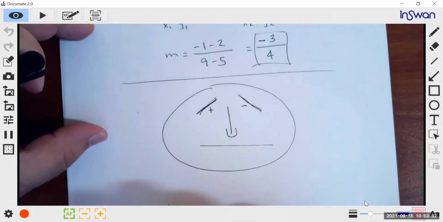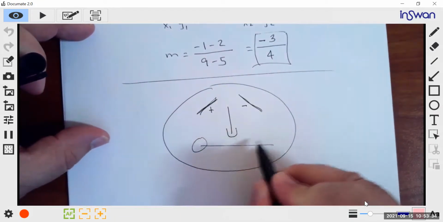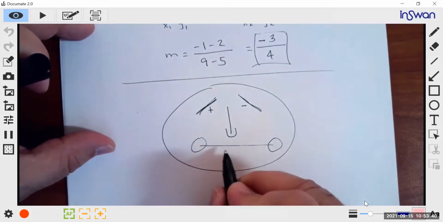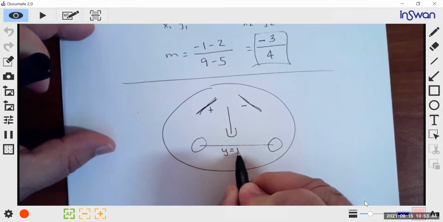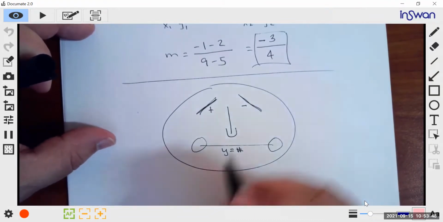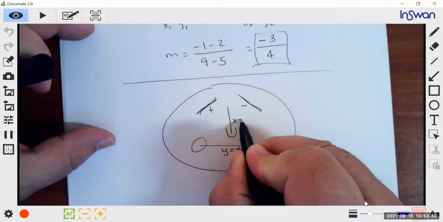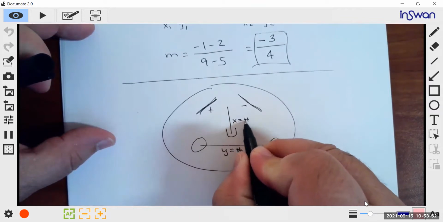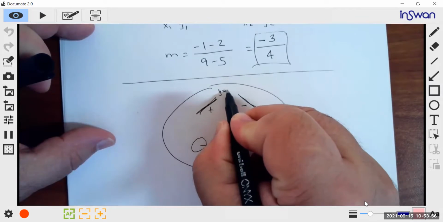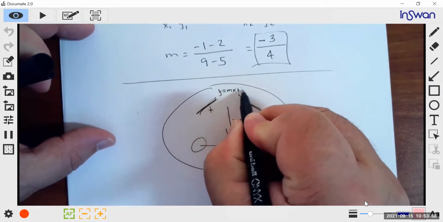Up or down is undefined. Left and right, it's 0. The equation is y equals whatever number it crosses. The equation is x equals whatever number it crosses. And these other two are y equals mx plus b.